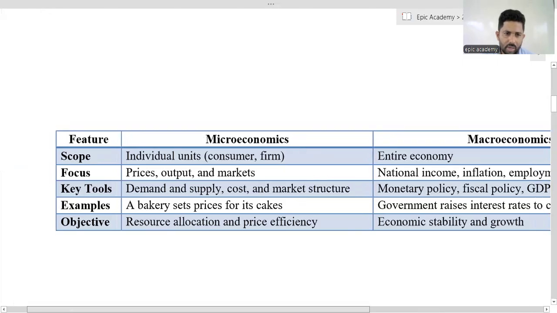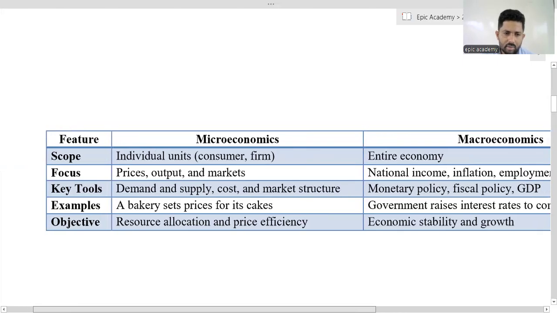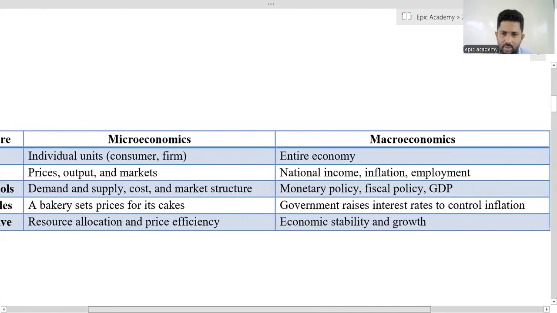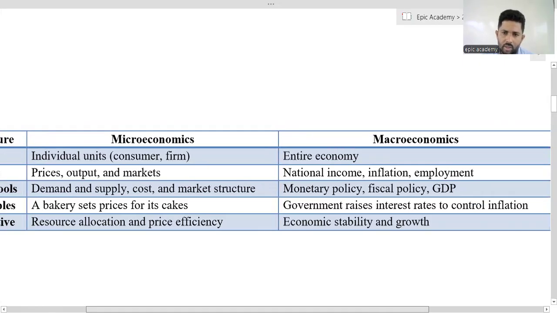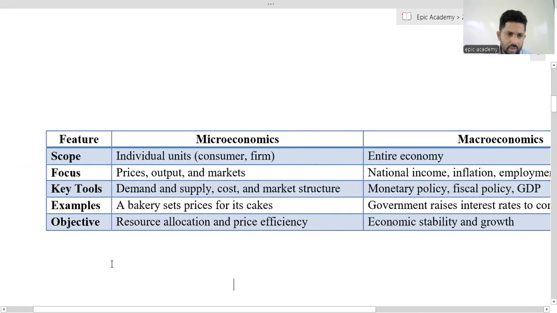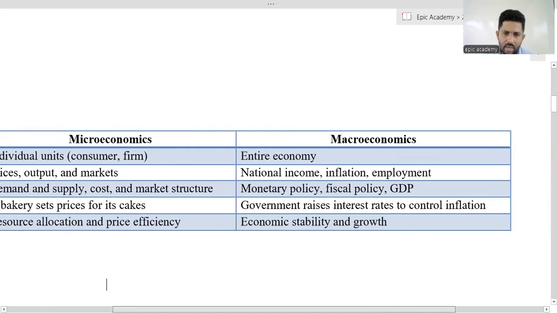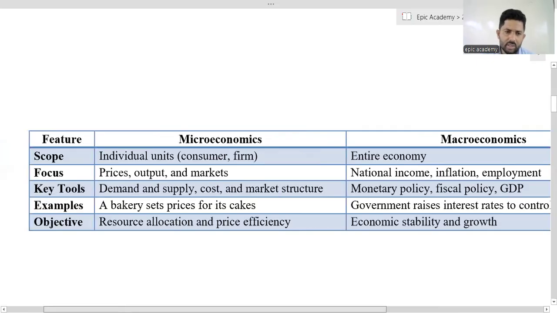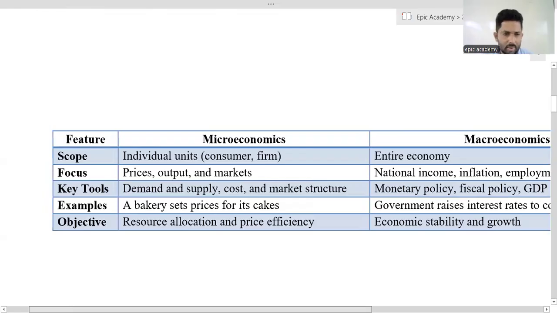What are the focuses? In microeconomics: prices, output, markets, profit. But in macroeconomics the topics are national income, employment, inflation, something like that. What are the key tools? In microeconomics: demand, supply, cost, and market strategy. But in macroeconomics we discuss monetary policy, fiscal policy, GDP, gross domestic product, something like that.